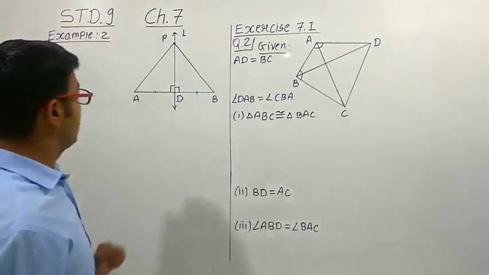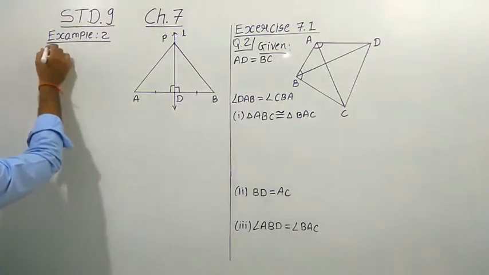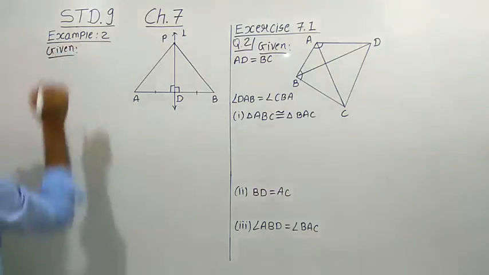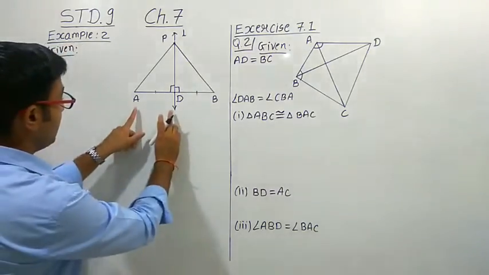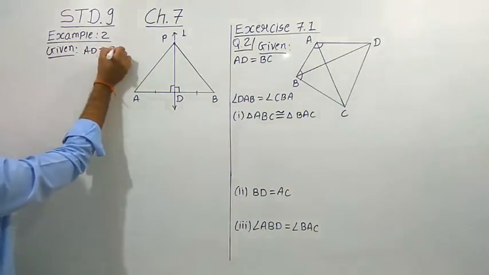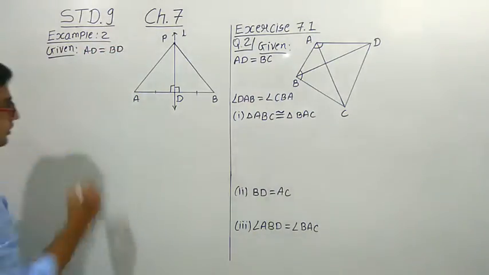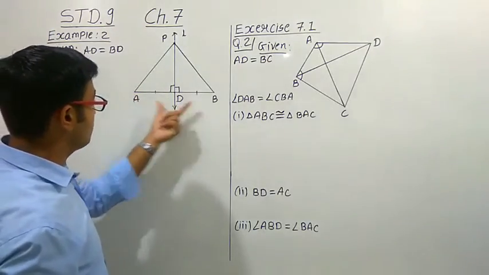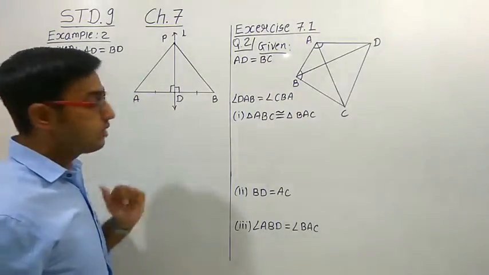Okay, so what is the condition we are given that we have to write down? See, we are given that AD is equal to BD, because L is the perpendicular bisector, so these two sides will become equal.